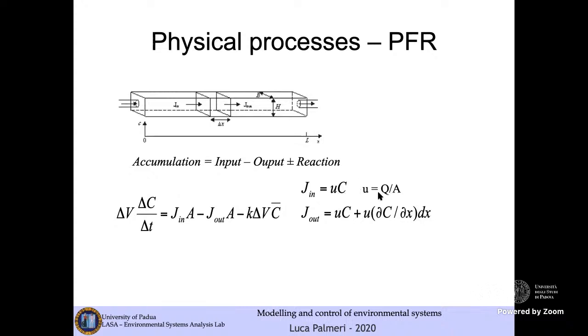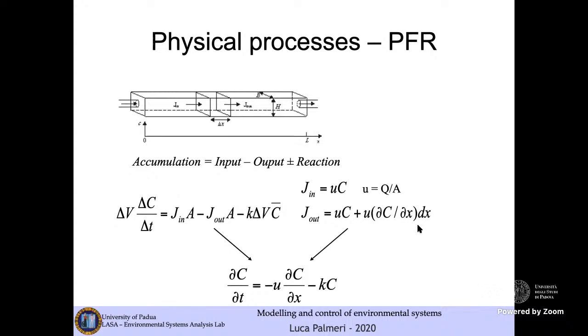U may be calculated as the ratio between the discharge and the section of the river. J out is equal to the concentration times velocity plus velocity times the change in concentration along the x-axis multiplied by the infinitesimal delta x.